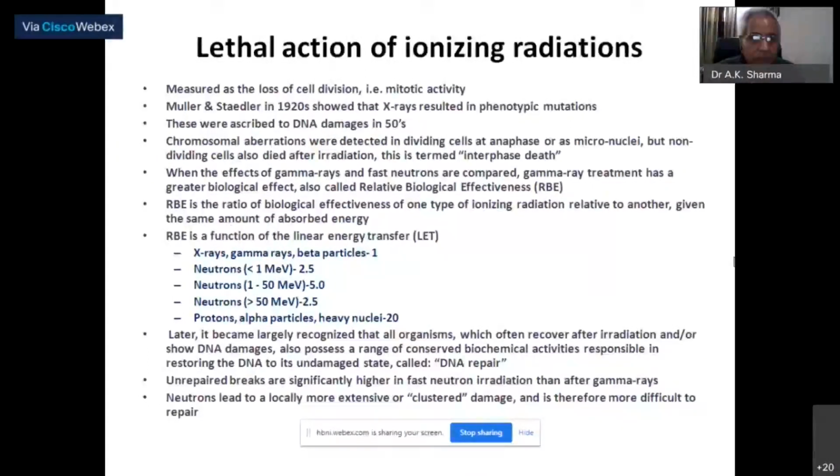That means 5 times that of X-rays, gamma rays, or beta particles. Neutrons of higher than 50 million electron volts will be 2.5. I think there's something wrong here. It should not be 2.5. It should be more. Maybe it's around 10. Whereas protons with alpha particles and heavy nuclei should be 20 times that of X-rays. I think this is 25.